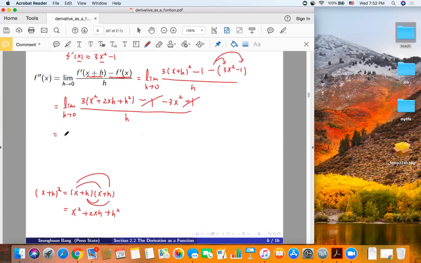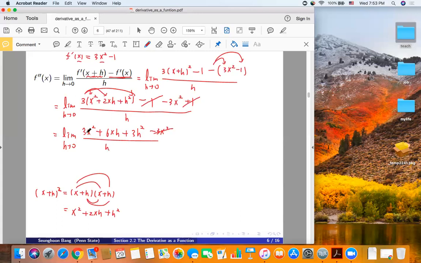The next, distribute 3: 3x squared plus 6xh. Distribute 3, 3 times h squared is plus 3h squared, minus 3x squared, over h.